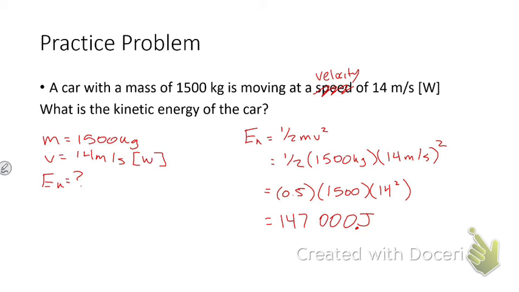So let's move our decimal 1, 2, 3, 4, 5 places. And we want it to have 2 numbers only. So what is to the left of that 4? It is a 7. So are we going to leave that 4 alone or round it up? Round it up, right? Good. So EK is equal to 1.5 times 10 to the 5 joules.